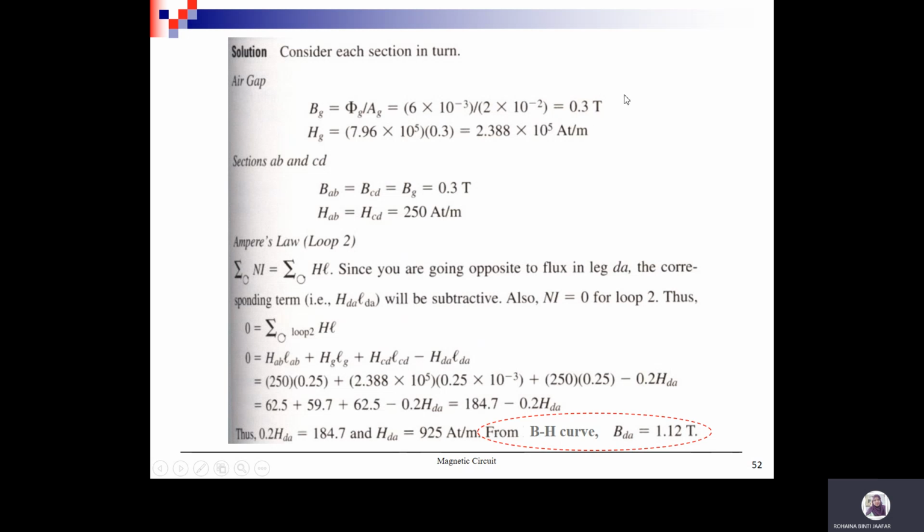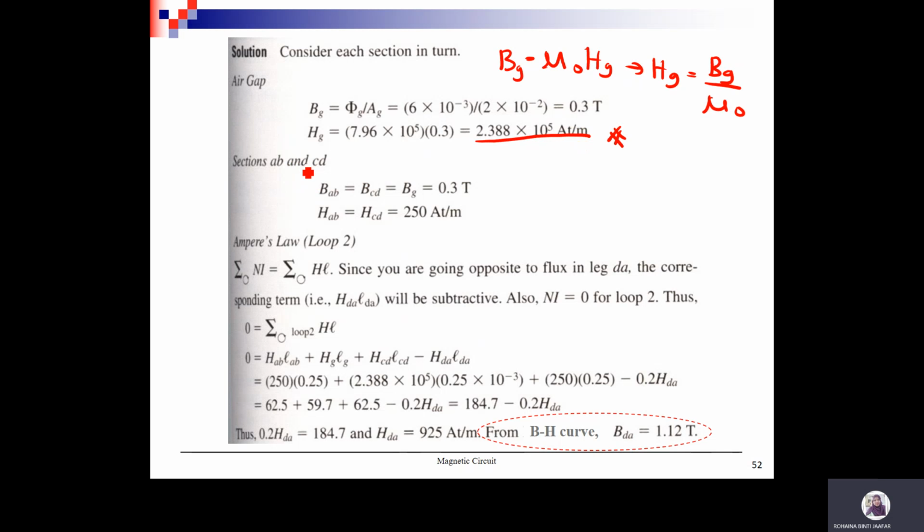For the air gap, you apply this formula, Bg equals mu naught Hg, so Hg equals Bg over mu naught. You will get Hg equal to 2.388 times 10 to the power of 5.